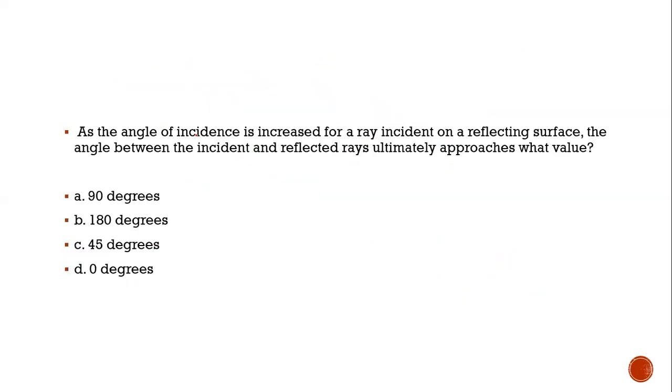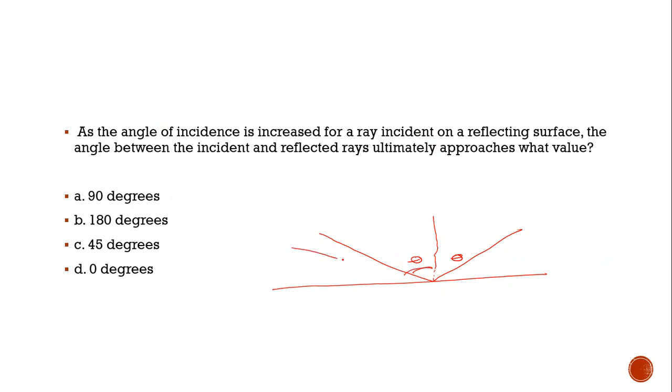Then, as the angle of incidence is increased for a ray on a reflecting surface, the angle between the incident and reflected ray ultimately approaches what value? So let's say we have a mirror here. This is the angle of incidence, angle of reflection, the normal. So this theta, this theta. Now as the angle increases, so this angle here is increasing.